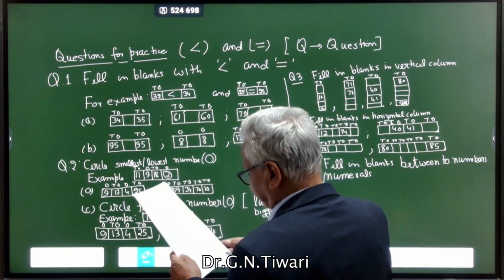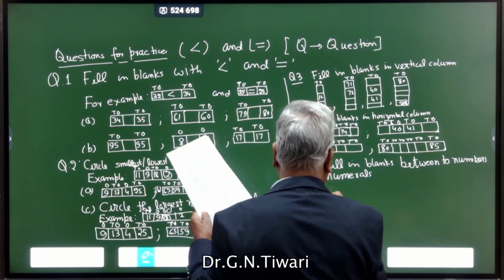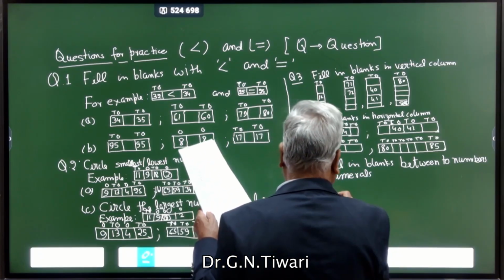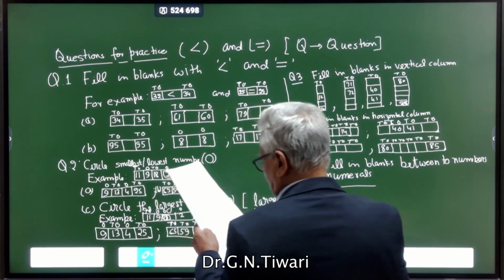For example, I am giving A. Make a block of 5.